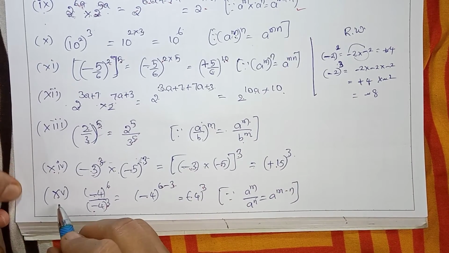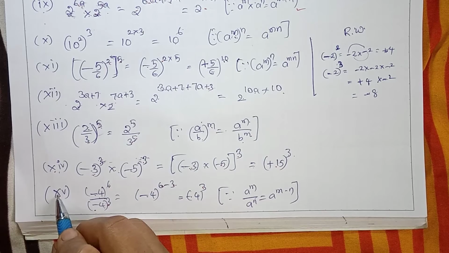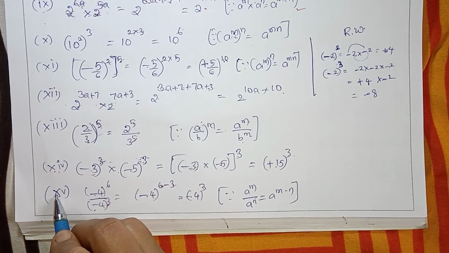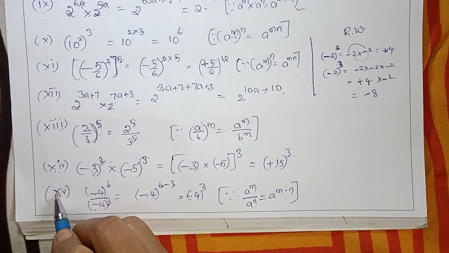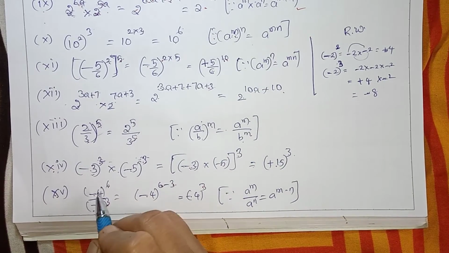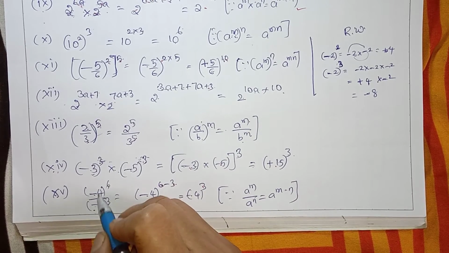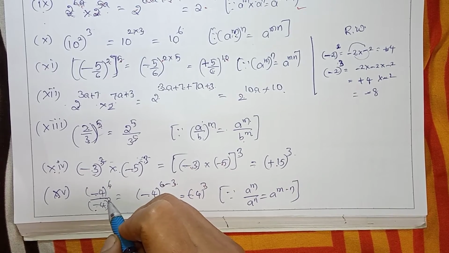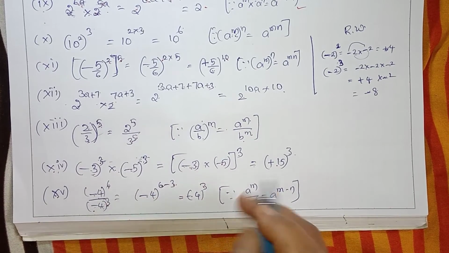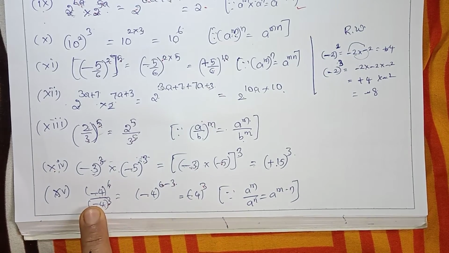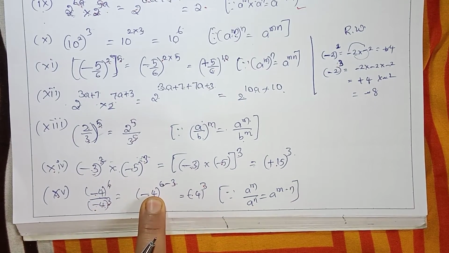Okay, the last question in this first bit. It's not the last, I guess. It's the 15th question: minus 4 whole to the power of 6 by minus 4 cube. Here again the bases are equal, then subtract the powers. I said in the exponent, if fraction exponents are there and the bases are equal, you just subtract the exponents.